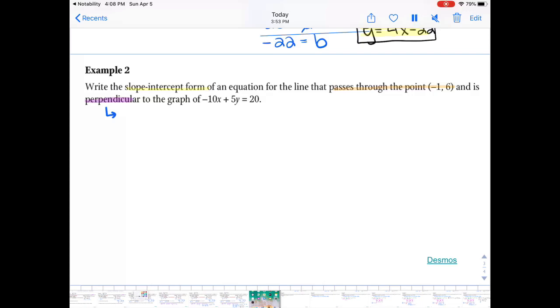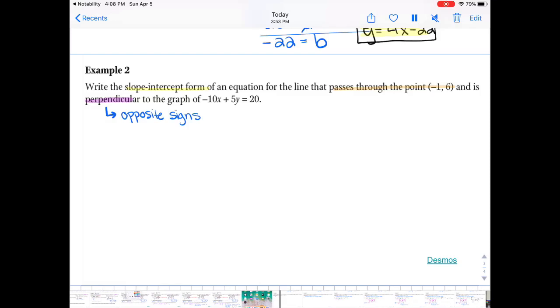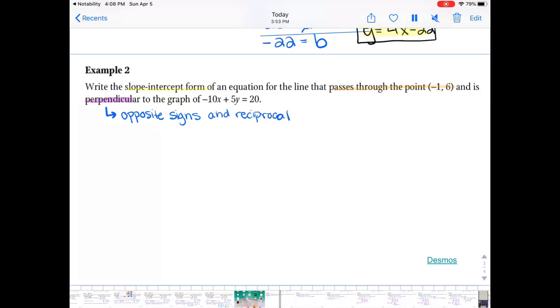This time it's perpendicular. So perpendicular lines have opposite signs and reciprocal slope. So remember, reciprocal just means that flipped version of the fraction.